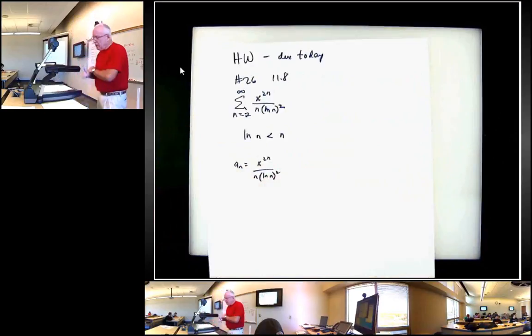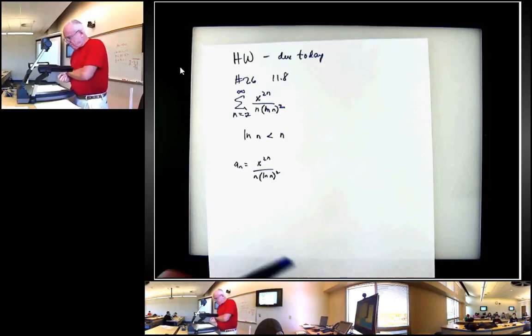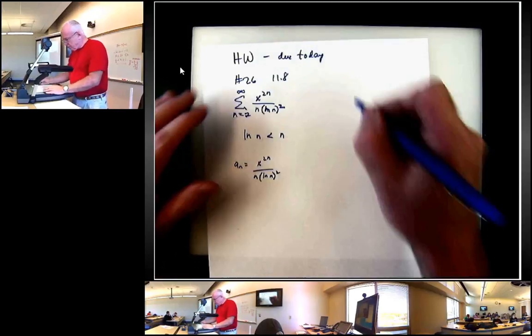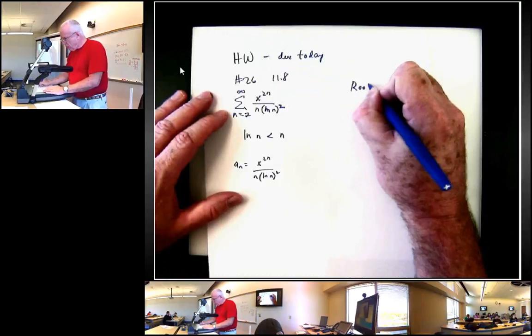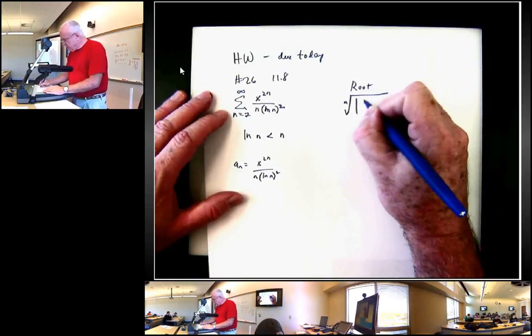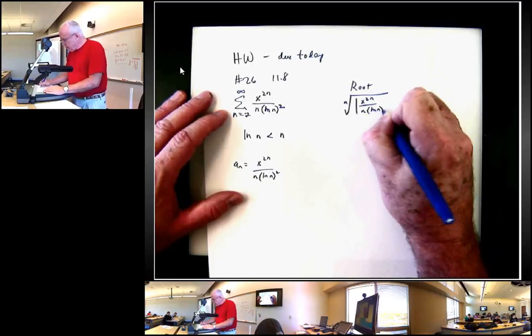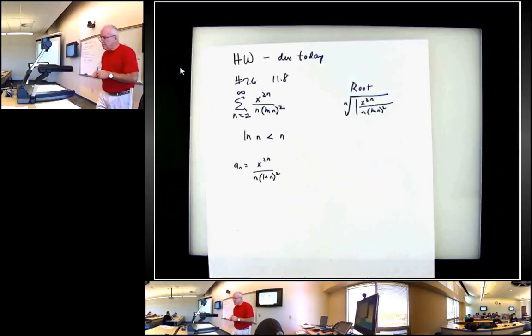I don't really like the looks of that, though, for the ratio test, but the only other thing would be the root test on this, so I wonder about the root test. So let's look at the nth root of the absolute value of x to the 2n over n times ln of n squared. See what happens there.